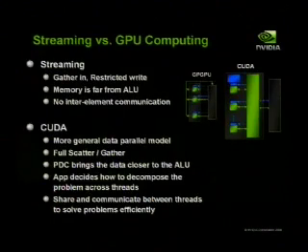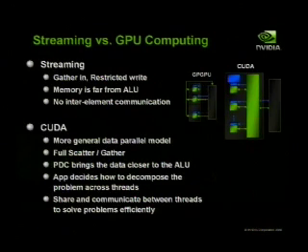So just to highlight it, streaming typically is a gather in. Legacy GPU on previous architectures was characterized as streaming, where you did a gather in, reading from images at any location with a restricted write, and the memory tends to be far from the ALU with no inter-element communication. With CUDA and the 8800, there's a more general data parallel model, full gather scatter.